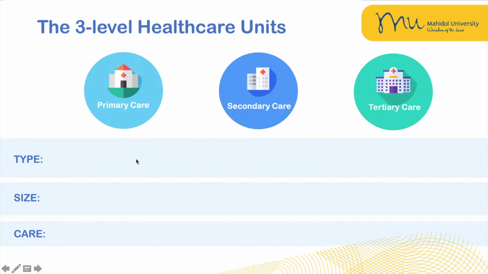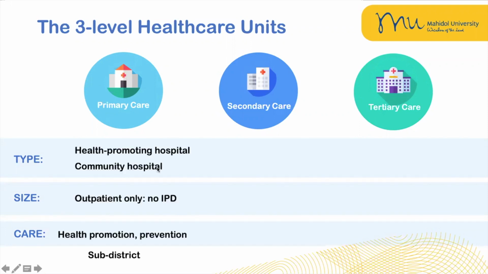The primary care will organize mostly in health promoting hospitals, which are the smallest unit of the healthcare system, and community hospital. As a side, we will talk about the number of beds. Primary care will take care only outpatients, not longer than 24 hours. If patients need more time to investigate or treatment, then need to refer to the secondary care.